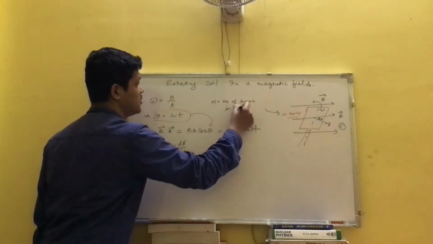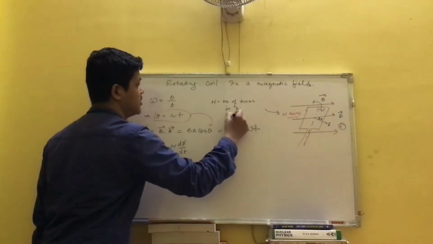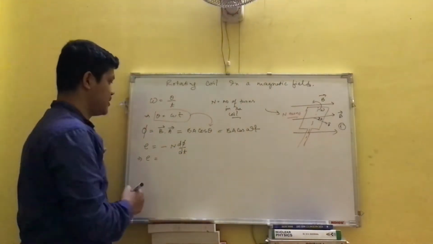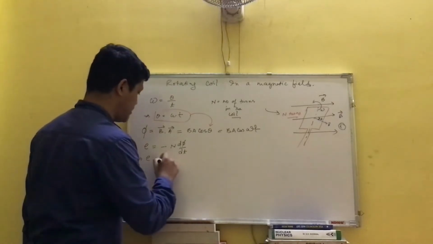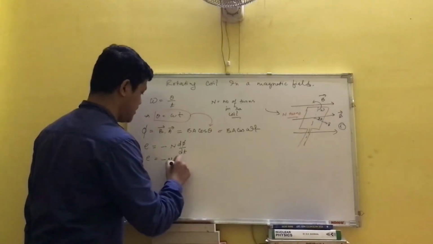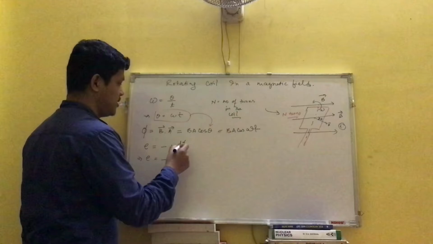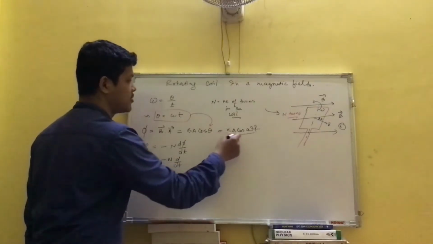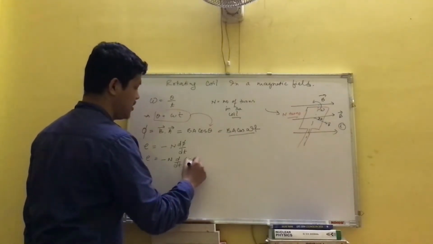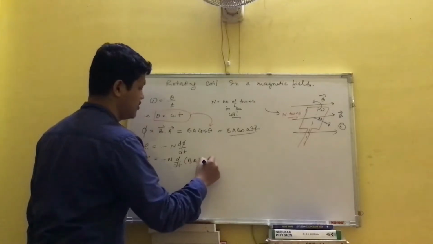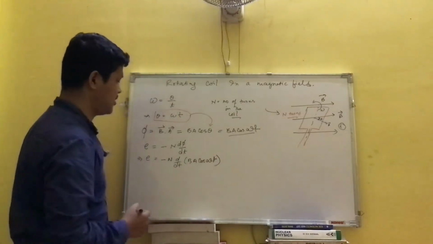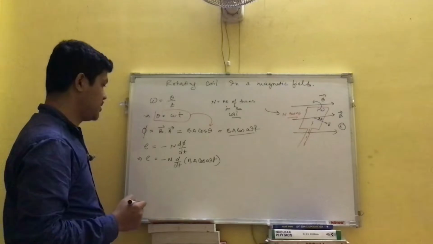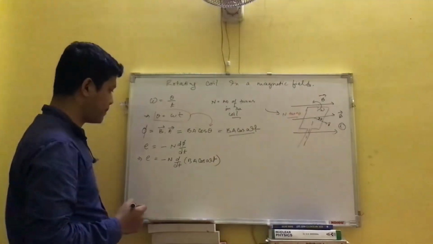Remember it. That's why this n comes here. Now minus n d by dt of phi, which is nothing but BA cos omega t.